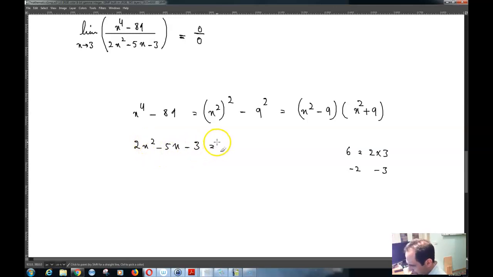So what's the problem? So we have 2x squared minus 5x plus 3. Okay, so let me see how we can solve this problem.